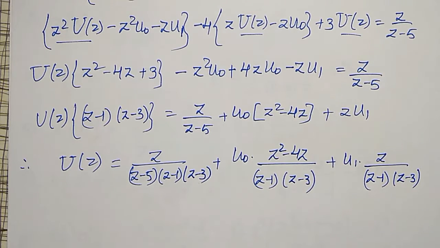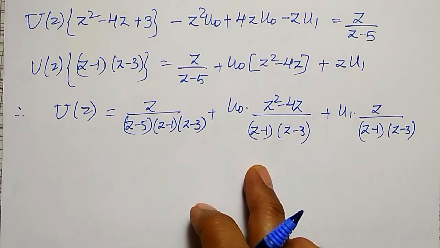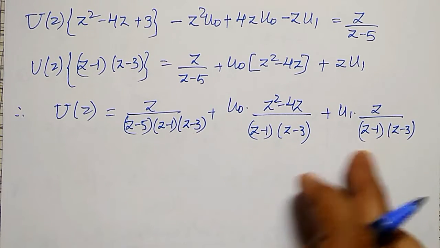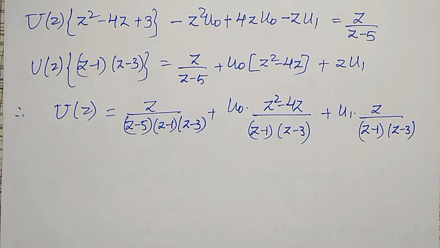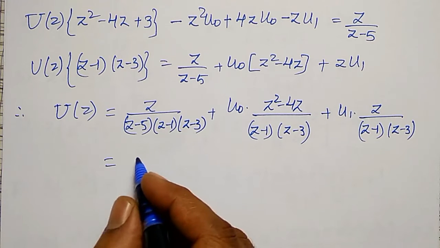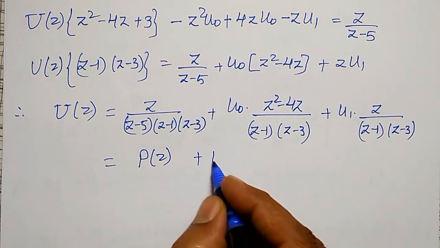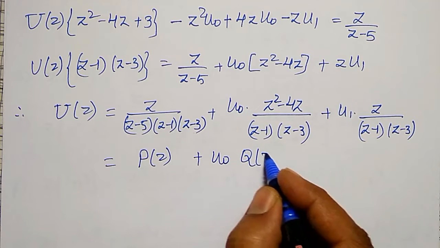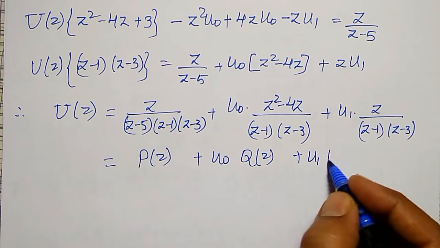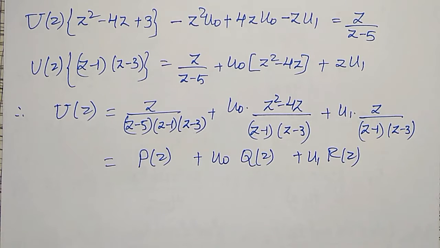Now I can find the separate inverse z transforms of the three terms so that I can find the final answer. I will write this as P(z) plus u0 into Q(z) plus u1 into R(z) for our convenience.